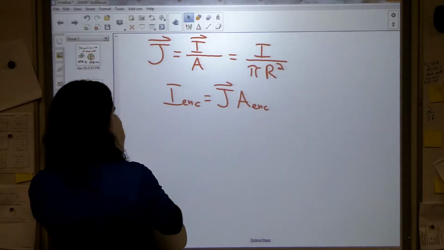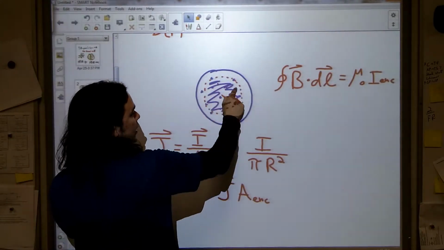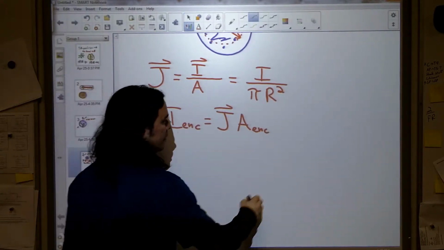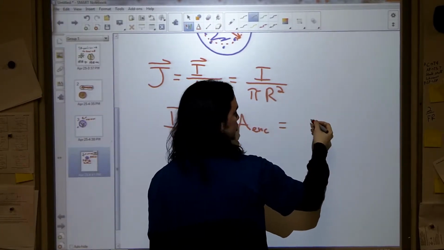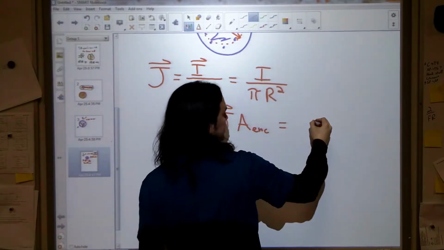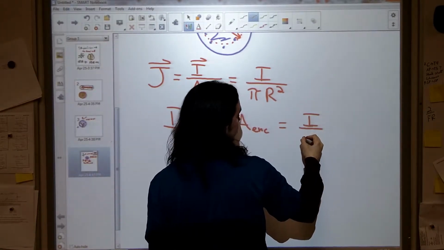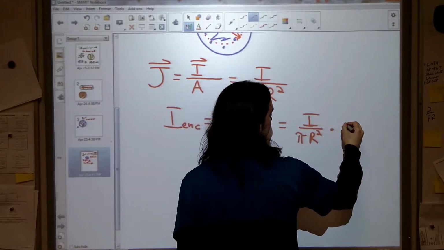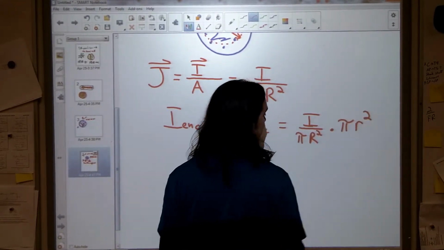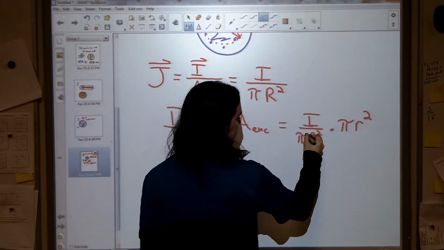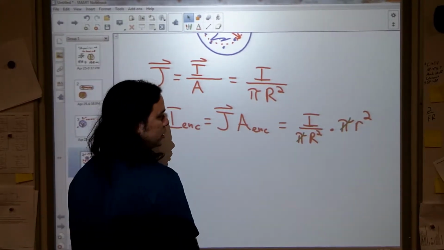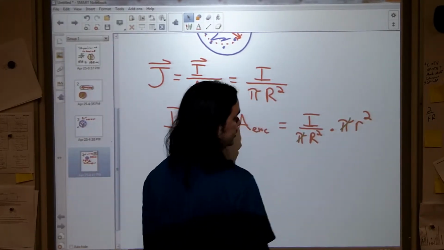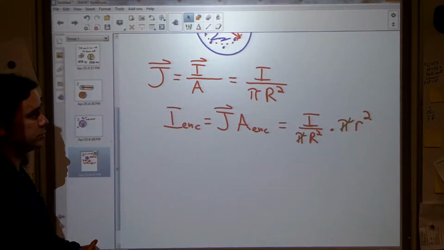and now when we multiply by the area enclosed, just the red area here, it will tell us how much current we have inside. My I enclosed for this inner one is going to be equal to J, the current density, which is I, the total current in the wire, over pi R squared, where R is capital R, and we're going to multiply it by the area enclosed, which is pi little r squared. The pi's cancel out, and we find that the current enclosed is basically an area ratio of the area that we have, little r squared, divided by the area of the total thing, big R squared.